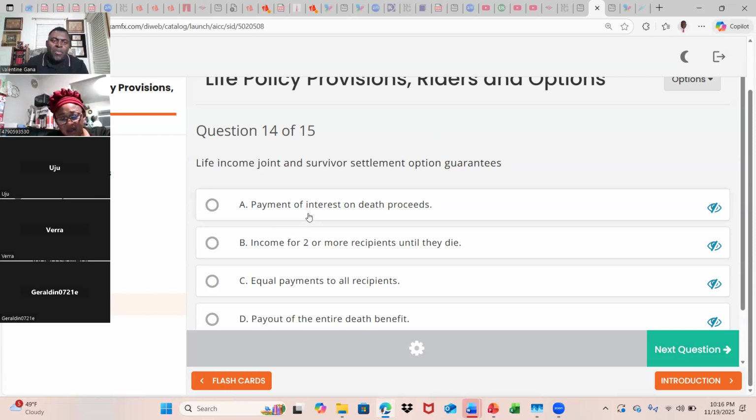Remember again, let me explain this. Joint life means payments are going to be made to both people when both people are still alive. When the first person dies, payments stop. Nothing paid to the second person. Joint and survivor means payment is going to be made to both persons, but when the first person dies, they continue paying a reduced amount to the second person until the second person dies and payments stop.